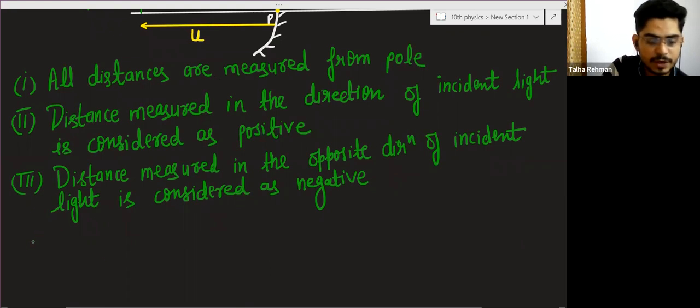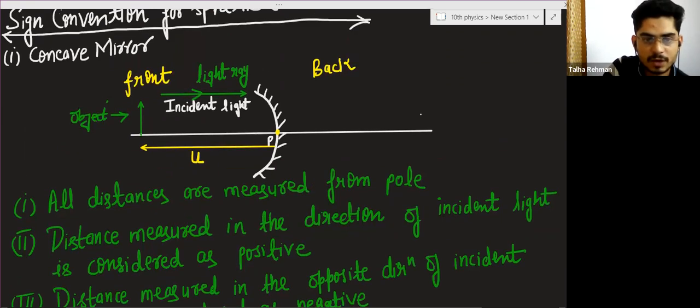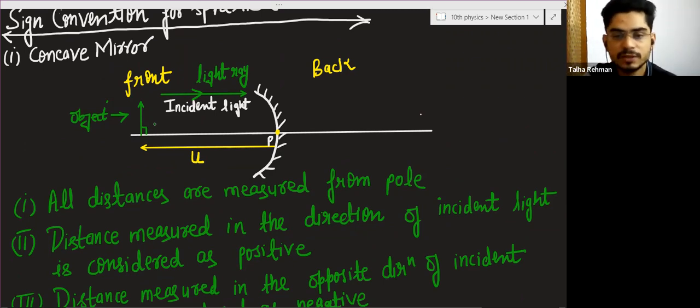Okay, and fourth point is the object is placed on the principal axis. Object is placed on the principal axis perpendicular to the principal axis in the upward direction. In the upward direction means object is not inverted.